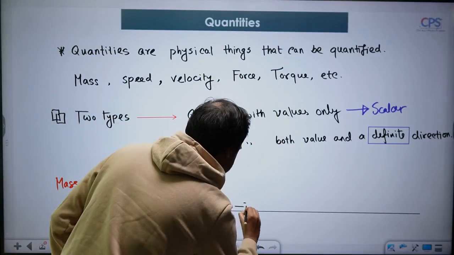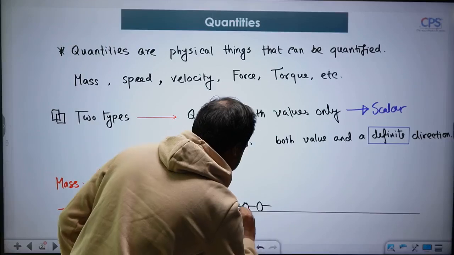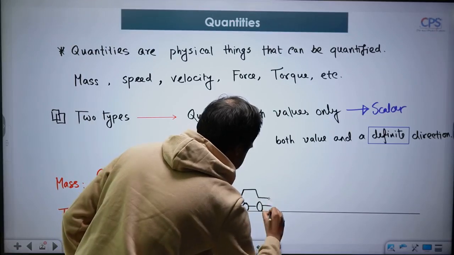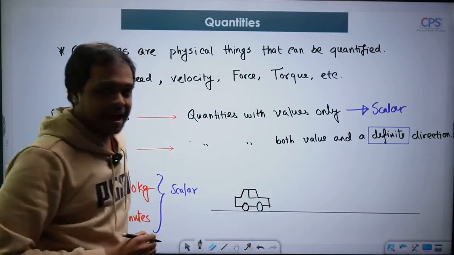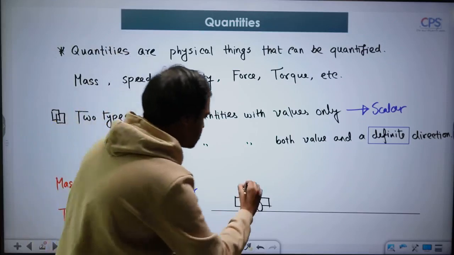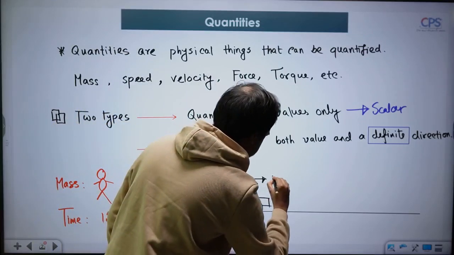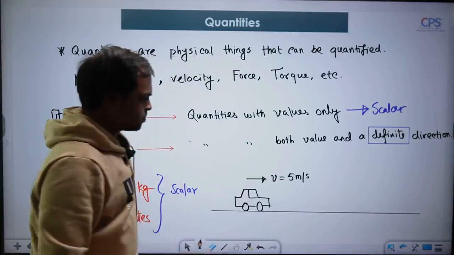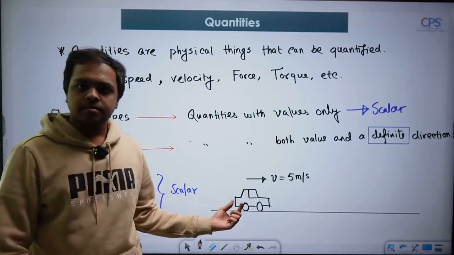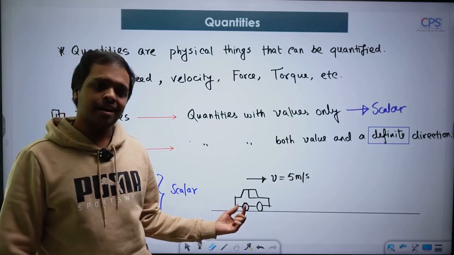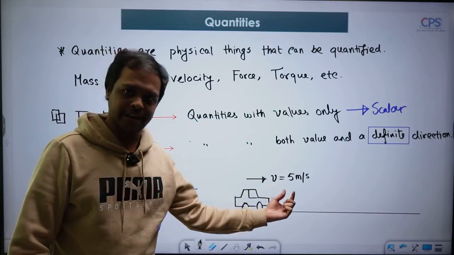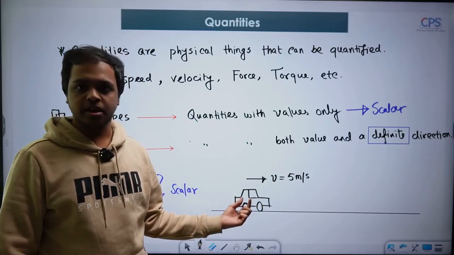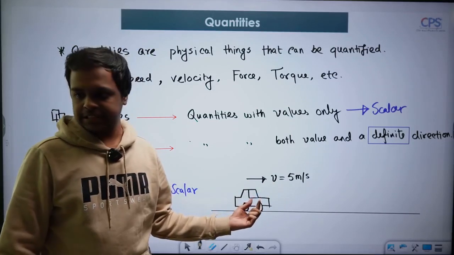This car has a velocity of 5 meters per second. What does this mean? This means this car is going in the rightward direction with a velocity of 5 meters per second.